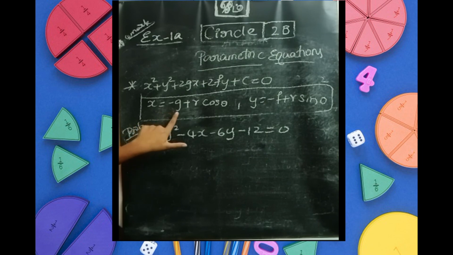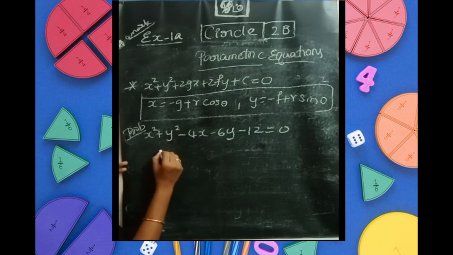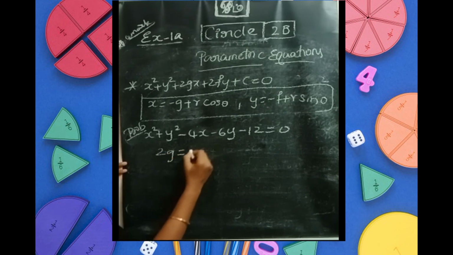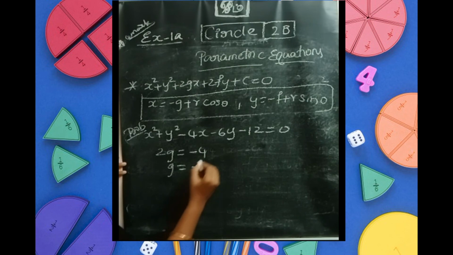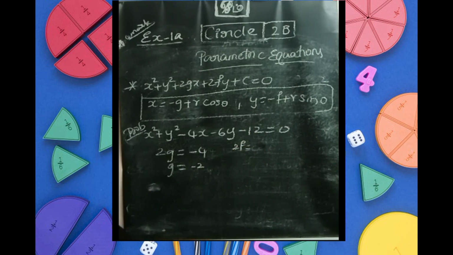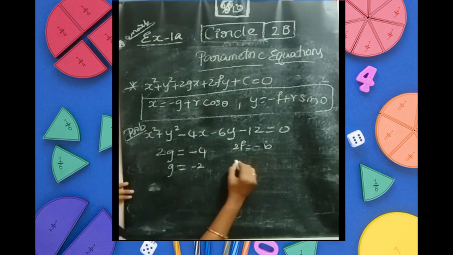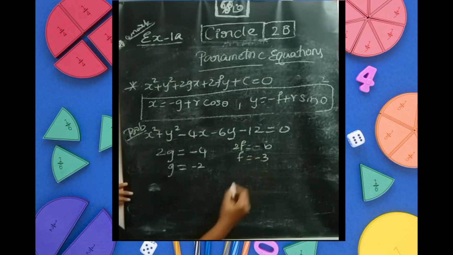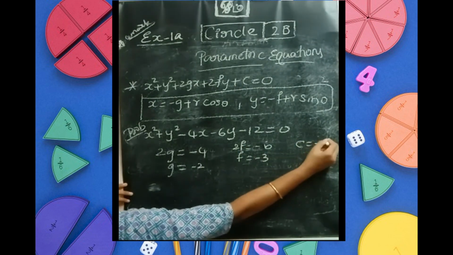First we find g, then we go for r. From this, 2g equals minus 4, g equals minus 2. Likewise 2f equals minus 6, f equals minus 3, and c equals minus 12.